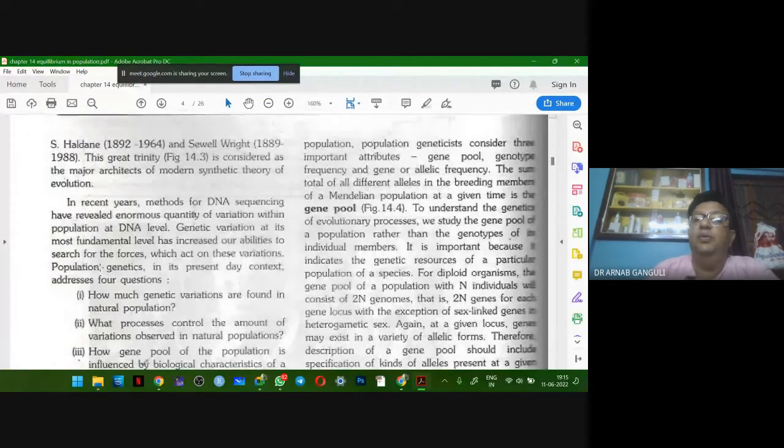So, one more thing which we need to understand is the gene pool. What is a gene pool? Let us look at figure 14.4.